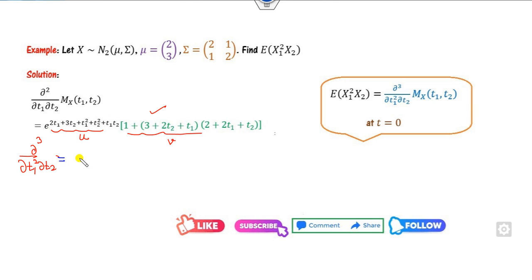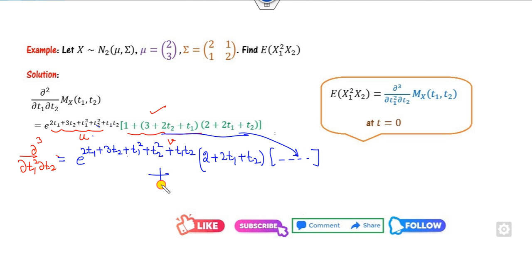So what is the derivative of this? I can take the first function as such, t1 plus 3t2 plus t1 square plus t2 square plus t1 t2, into the derivative of u, that is 2t1 plus t2, into this value of v, plus I can take this expression of u and the derivative of v.